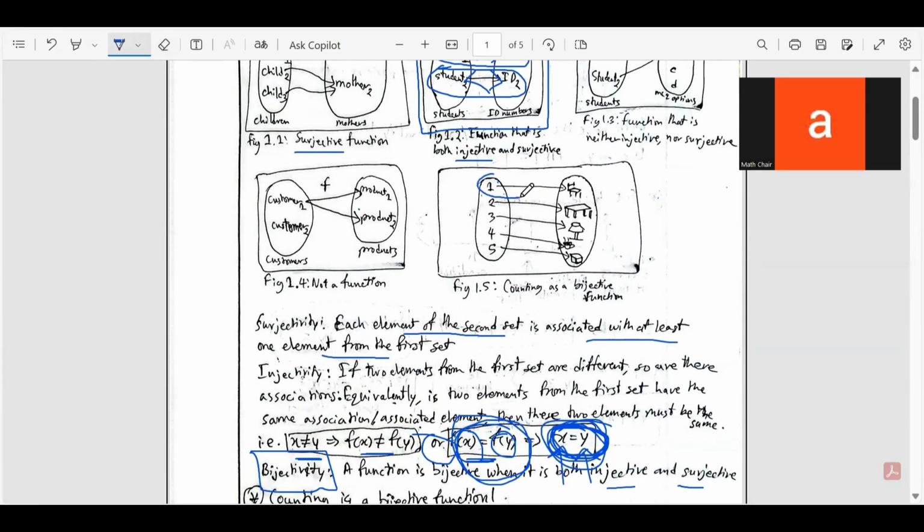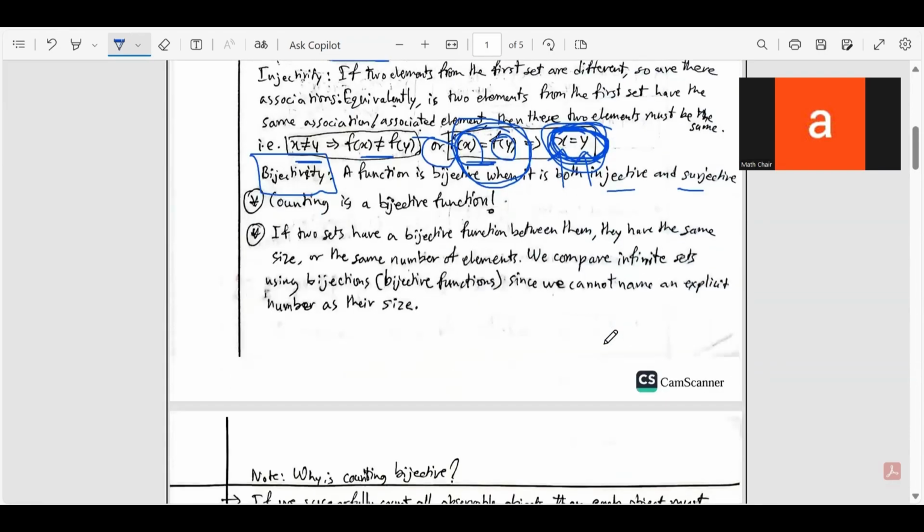I now have a pair, 1 and a chair, 2 and a table, 3 and a lamp, 4 and a cup of tea, 5 and a box. And we see that none of the pairs have their first element the same, nor are their second elements the same. So yeah, counting is actually a bijective function.